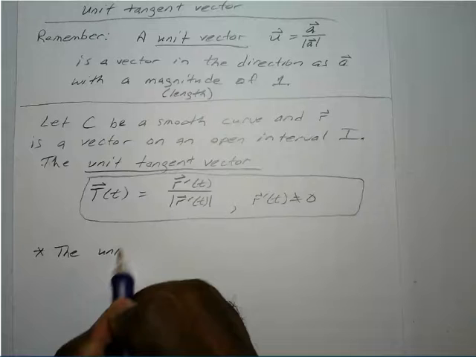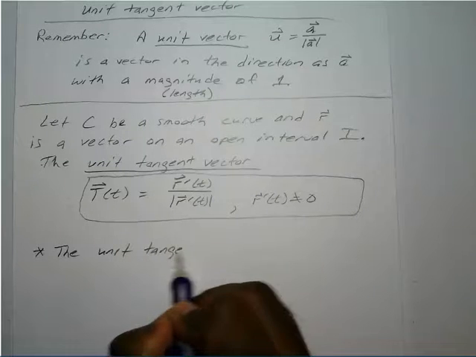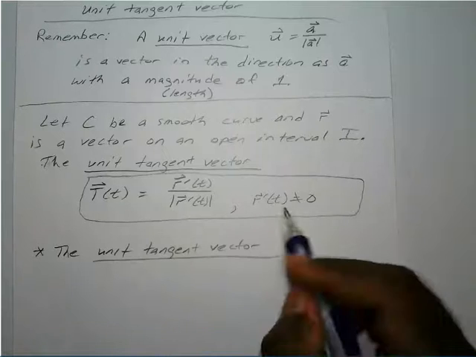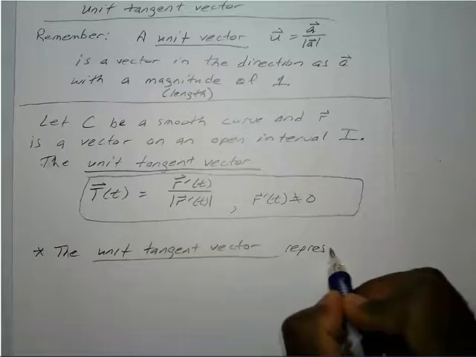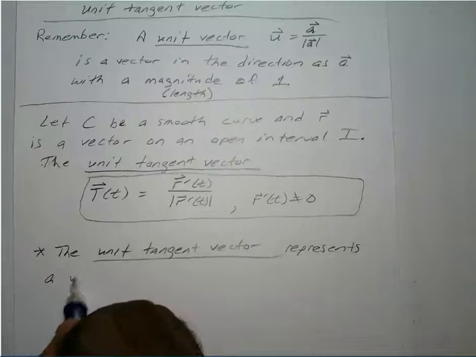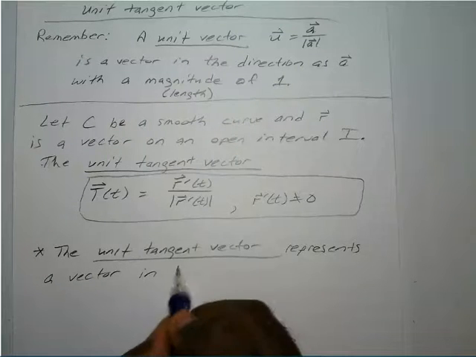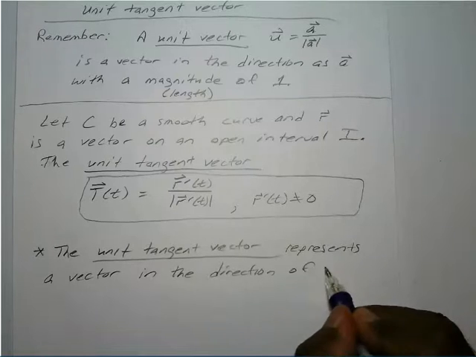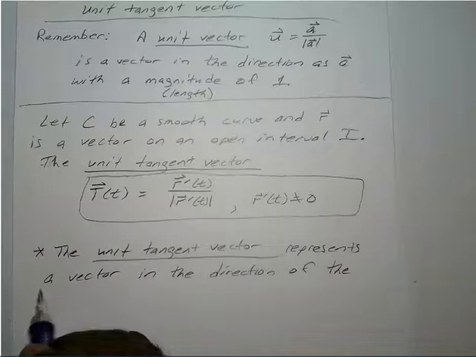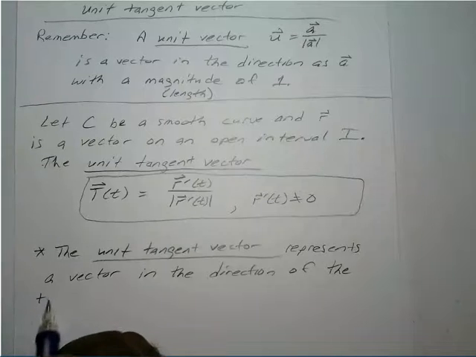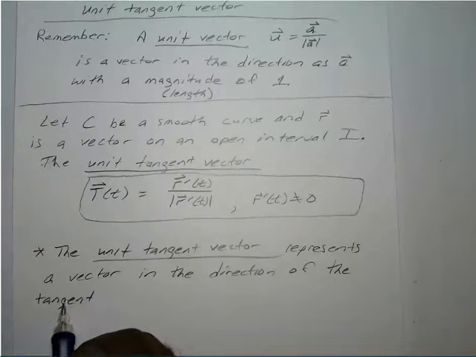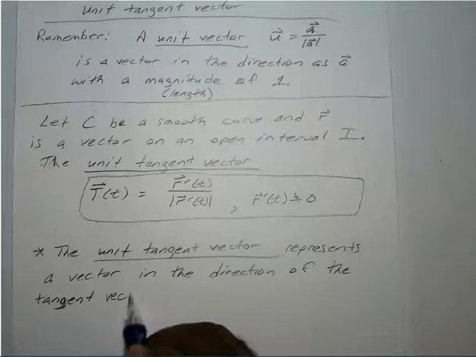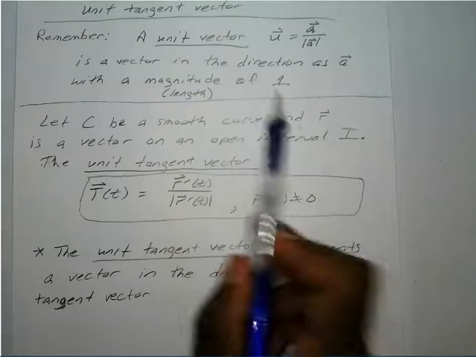Okay, so make a little side note there. The unit tangent vector represents a vector in the direction of the tangent vector, and also has a magnitude of 1.